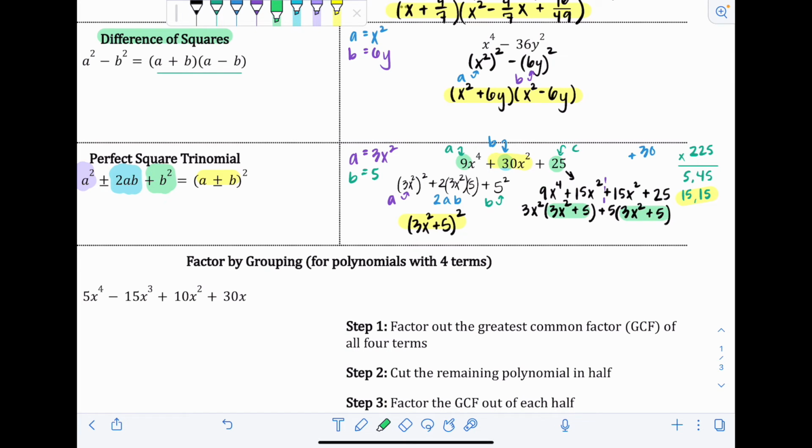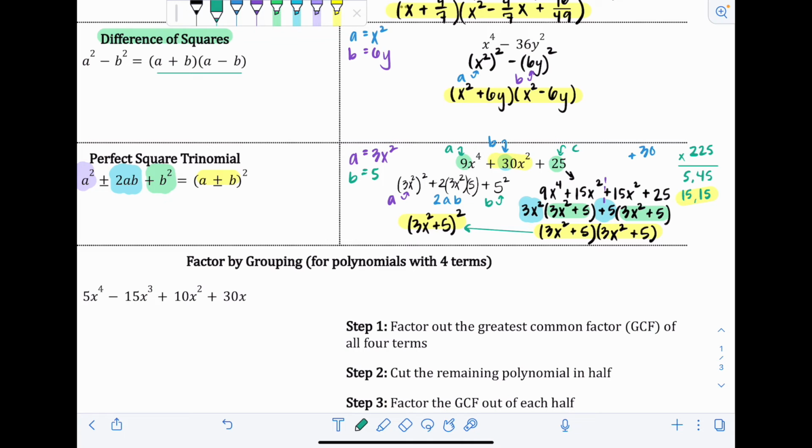So we pull those out. They group together into one parentheses, 3x squared plus 5, and the remaining two pieces become their own binomial factor, another 3x squared plus 5. If we have two of the same factors, we can just write them as a factor squared, so it ends up being the same thing.